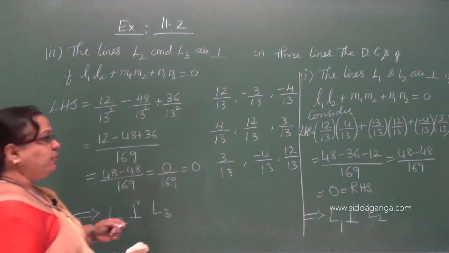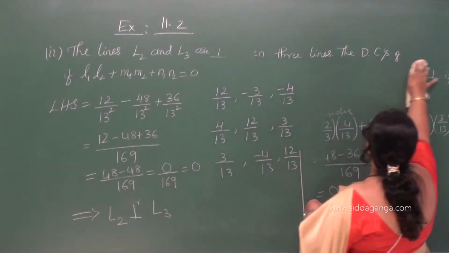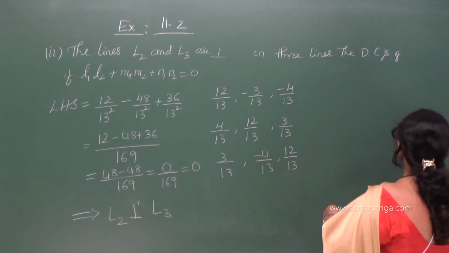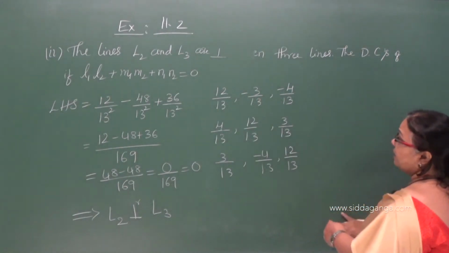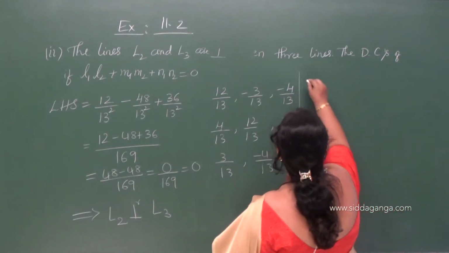Similarly, we have to show that the lines L3 and L1 are perpendicular.